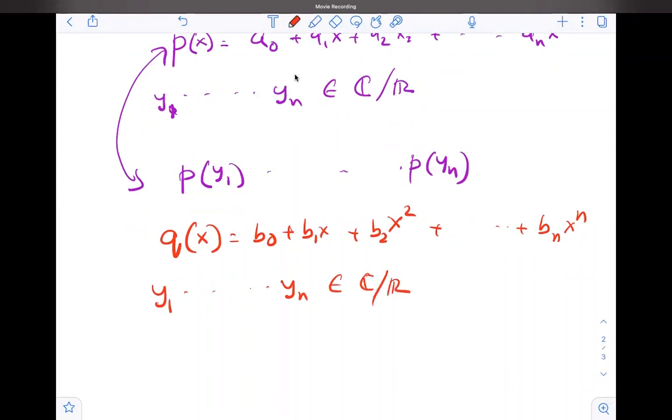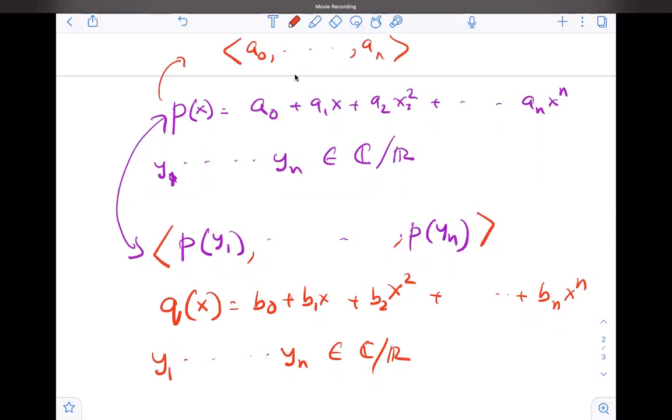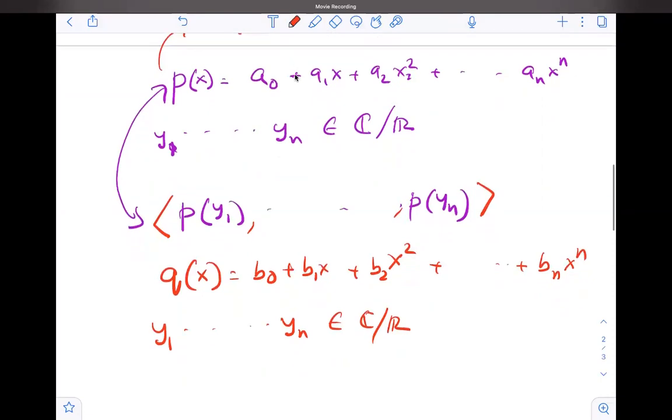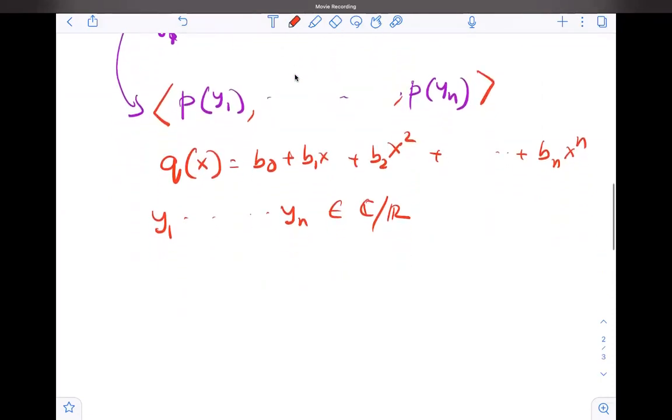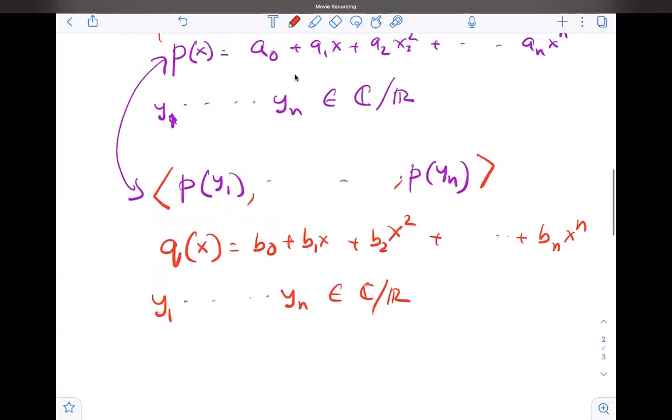Here the representation can be given as an array of a0 to an. And here you can also give it as this. Right, I'm making a mistake somewhere.